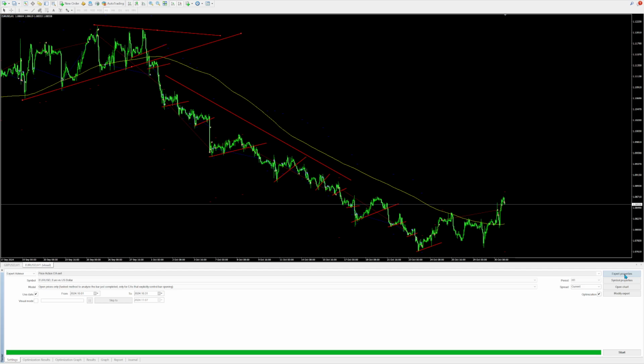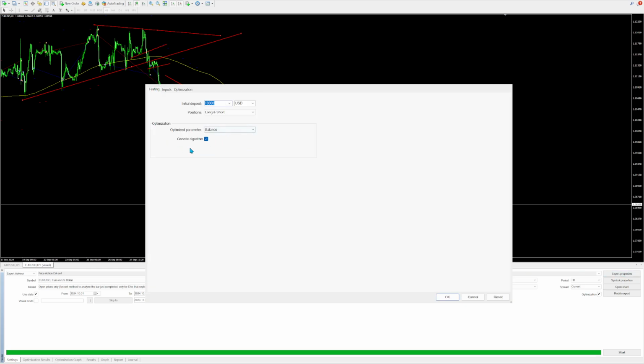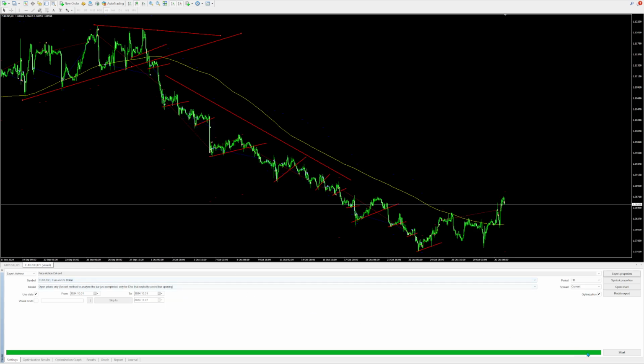And you click optimization of this as well. Under the testing of the EA properties, you can choose genetic algorithm, which basically means it will do what it deems to probably be the best combination of settings. If you uncheck it, it does every single combination, which could take a long time to test. Okay, so we just run that test now.